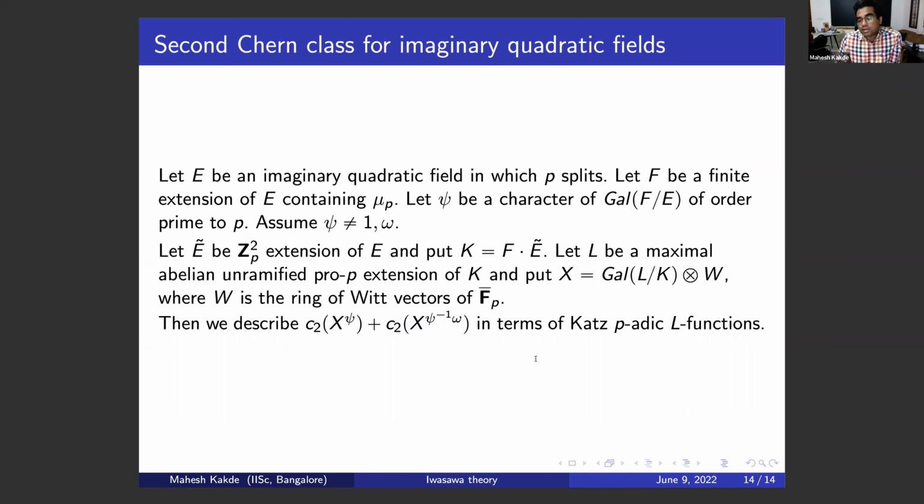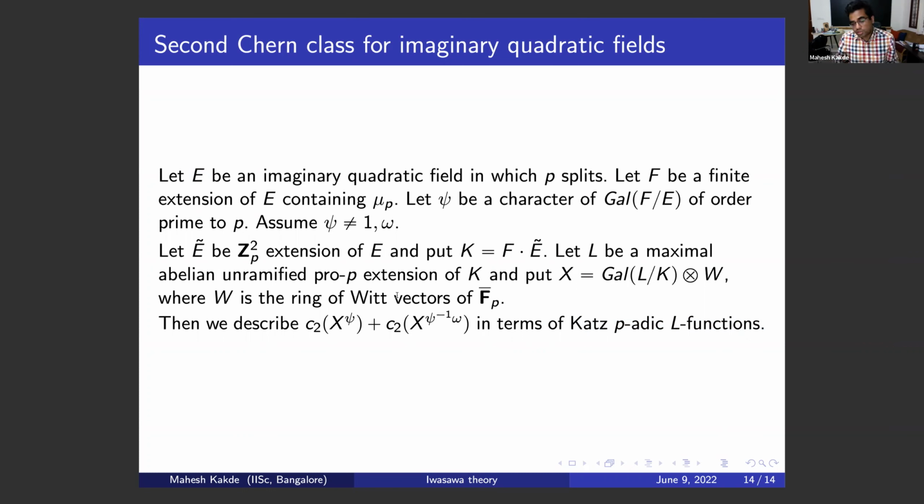And what is the analytic thing? Well, we take Katz's p-adic function. The prime p splits into two primes, π and π bar, let's say, in E. So there are two Katz p-adic functions for E, one associated with the choice of π and one associated with π bar.